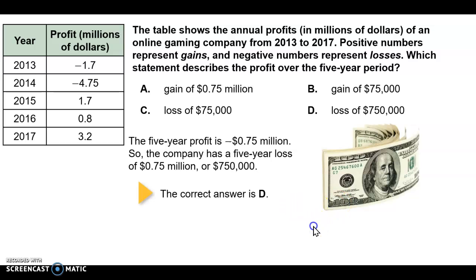So that's why it's the letter D. So we knew it was a loss because there's more negative total than positives. And you just had to change it to the correct 0.75 million. Move that decimal 6 places, and you get your answer.